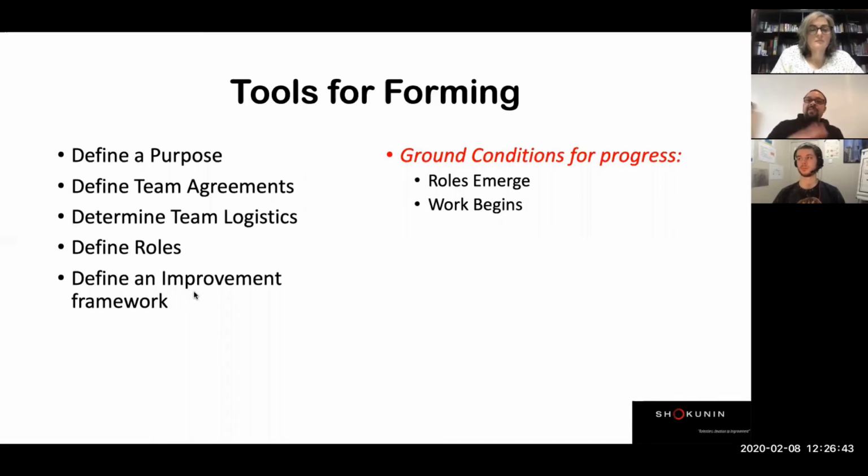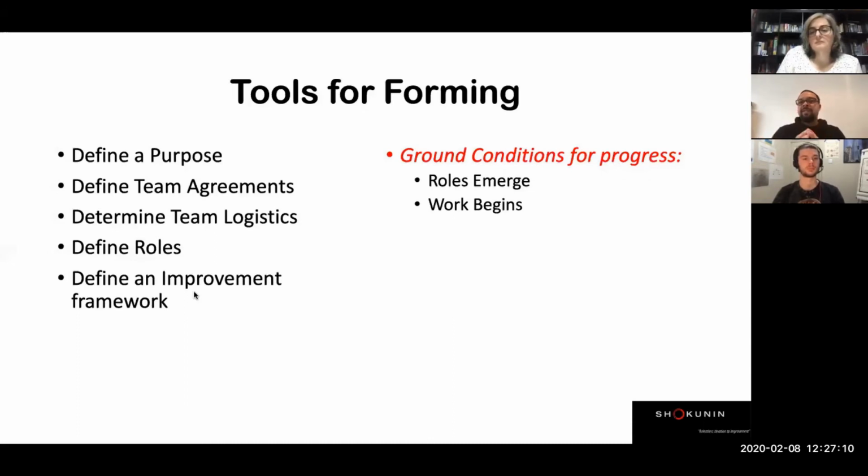And for me, as we go from stage to stage, there are certain ground conditions that we can start looking out for to figure out, okay, are we moving from one stage to the other? Are we moving from forming to storming in this particular case? And for me, in forming, one of the things I start to look for is, do those roles emerge, and can the team actually start working?